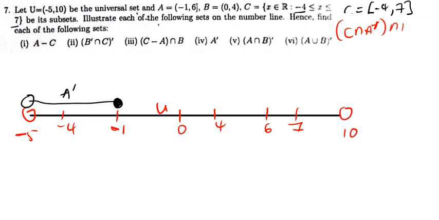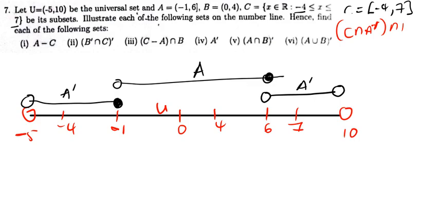Since 6 is included, the complement is not going to be included going this side. So we are excluding -1 to 6. We don't want this part. This is A. So we are talking about A complement, where we are excluding that part.